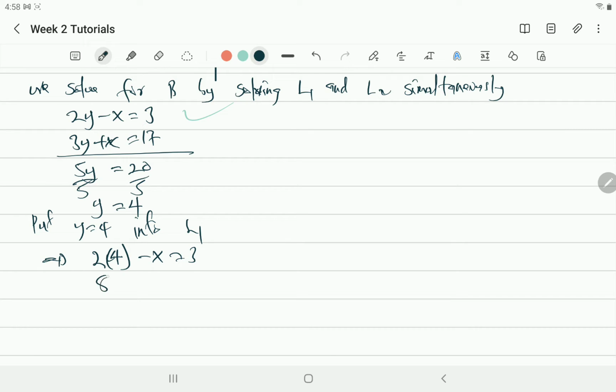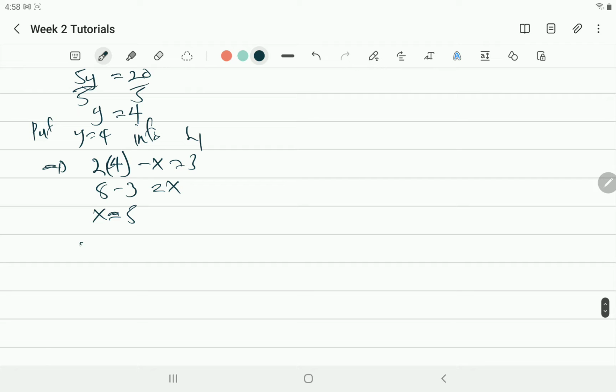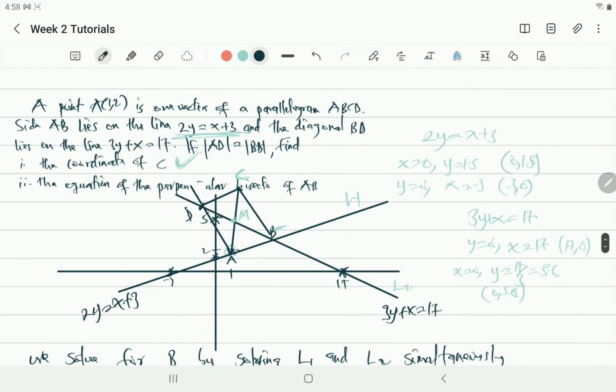So eventually we have 8 minus 3 is equal to x. That means x is equal to 5, right? So by this point, it means we have the point B to be (5, 4). We need it so much. So let me go back to the diagram and indicate the point B. So we just had the point B to be (5, 4).